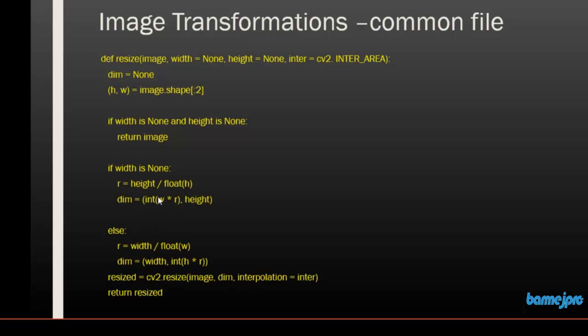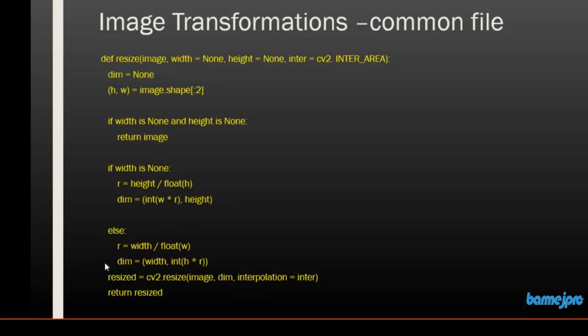The same thing happens here also. In this case the height is None, that is, there is some positive width. Then we calculate the r value based on width: the new width divided by the old width. That gives a value in r, and for the dimensions we keep width constant and calculate the dynamic height, that is, the old height multiplied by the r value.